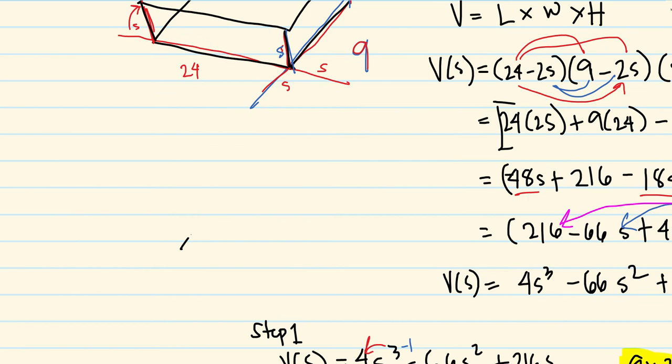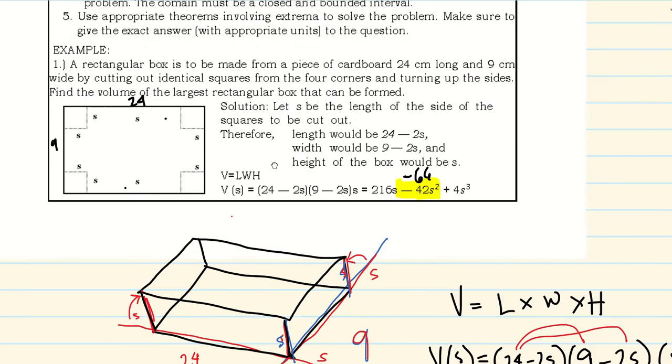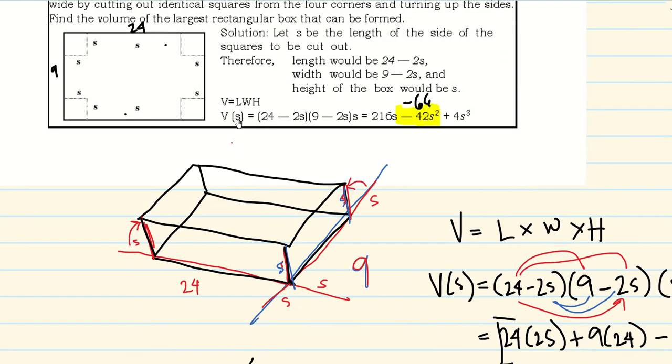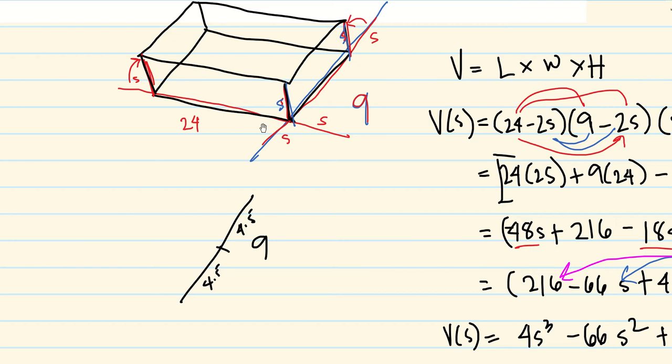For example, we have this length here, 9. We can only fold half of it, right? We can fold half. So 4.5 here and 4.5 there. Because we know that the sides are equal, cutting identical squares, the side should be equal.